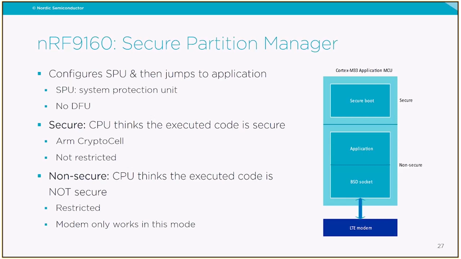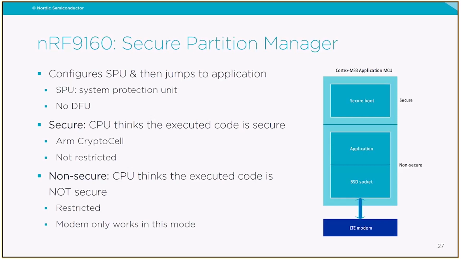But I won't go into too much detail on the ARM CryptoCell. But it's worthwhile to know that you do have a CryptoCell on the nRF91 series. And then, of course, you have the non-secure part of Flash, where the CPU thinks the executed code is not secure. So there are some restrictions there, and the modem actually only works in this mode. So you need to be able to use the non-secure part to talk to the LTE modem.